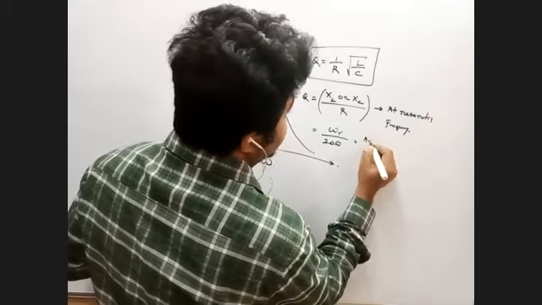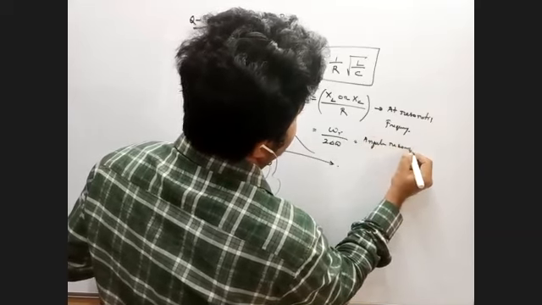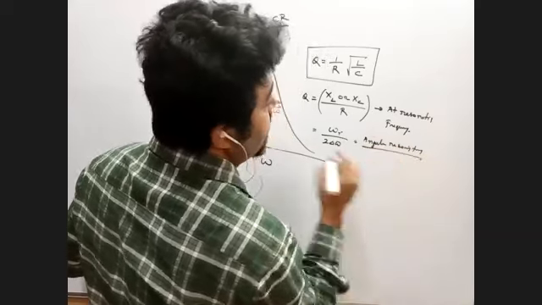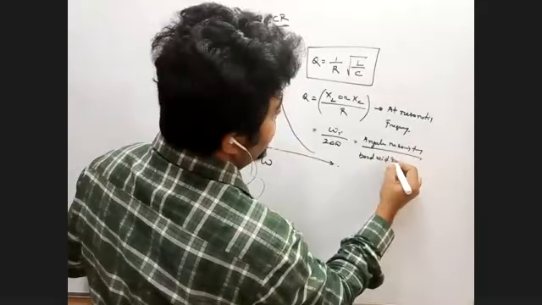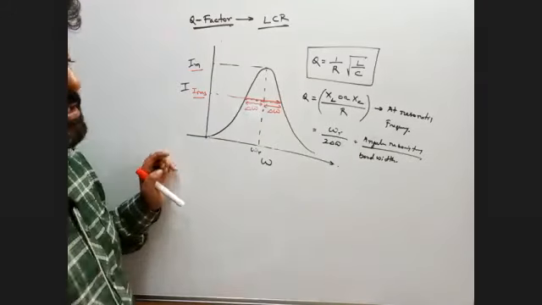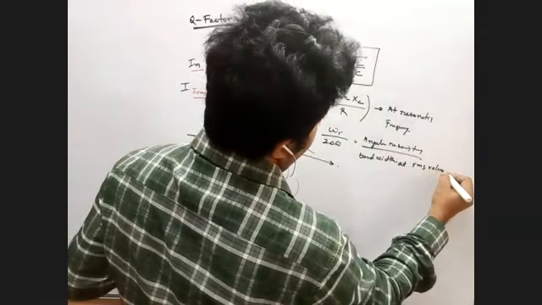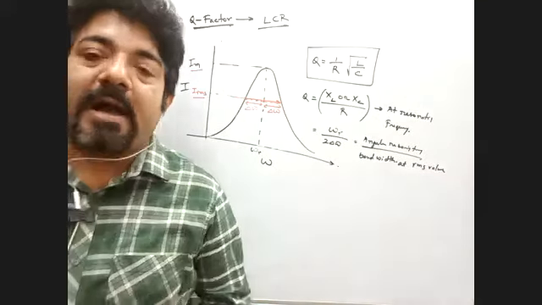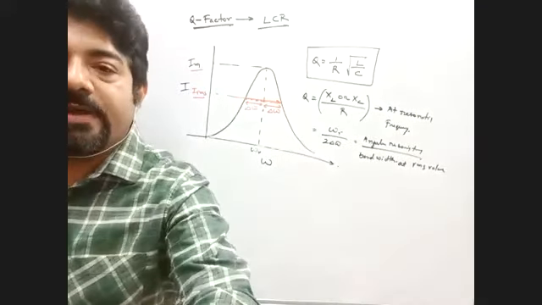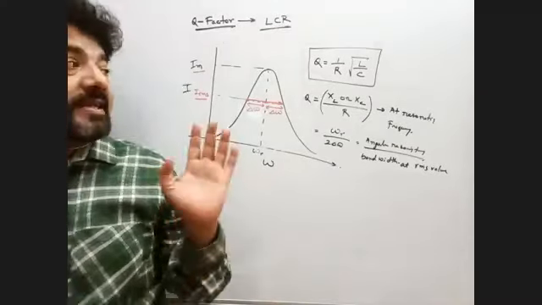Angular resonating frequency upon bandwidth at RMS value. So these are the possible ways by using which you can define Q factor.